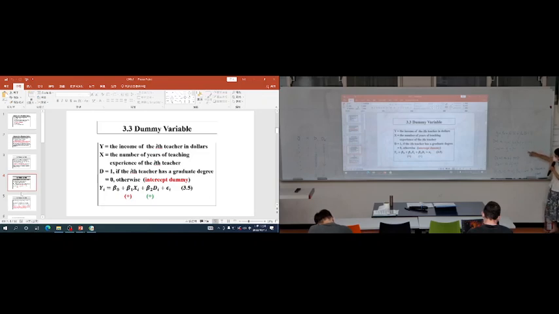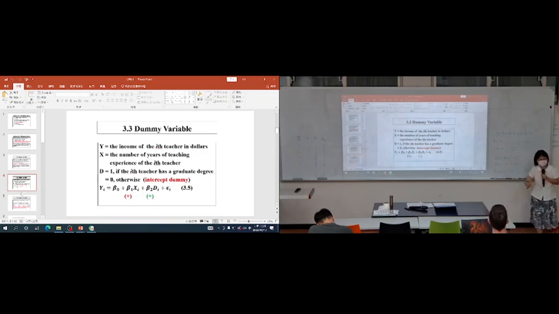Since they have the same slope but different intercept, isn't this the intercept? Since in our example y is the teacher's salary and x is the teaching experience, we expect beta 1 is positive, right?